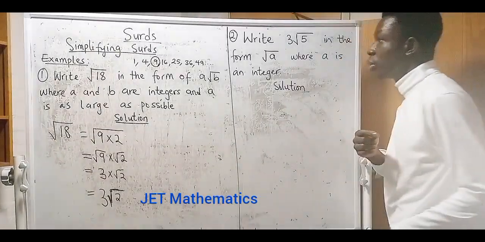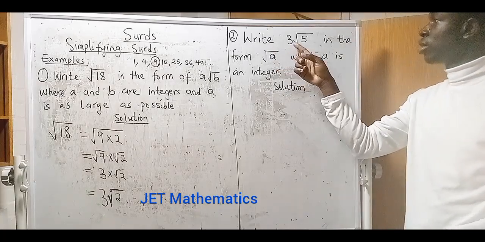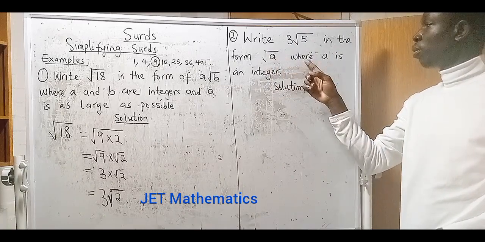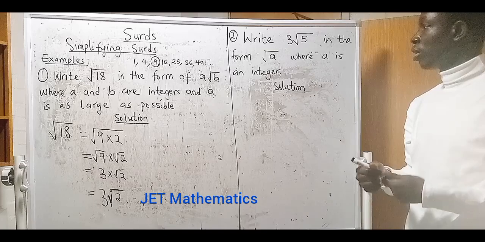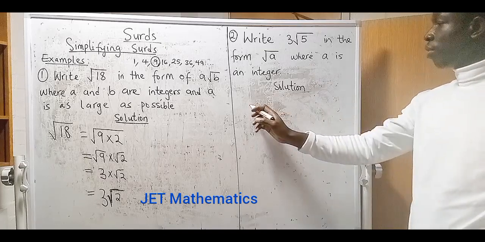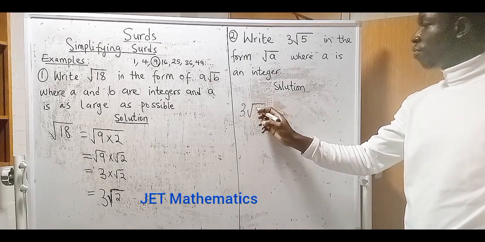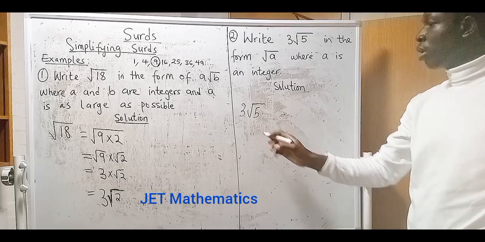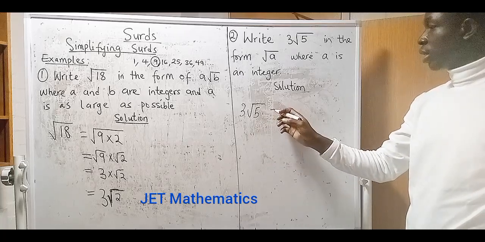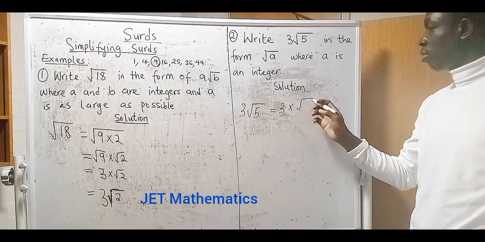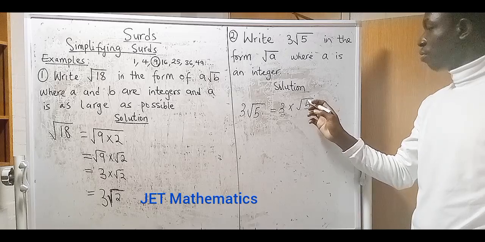The second example says write 3 root 5 in the form root a, where a is an integer. Very easy. We have 3 root 5. So we can write this again as 3 times root 5.